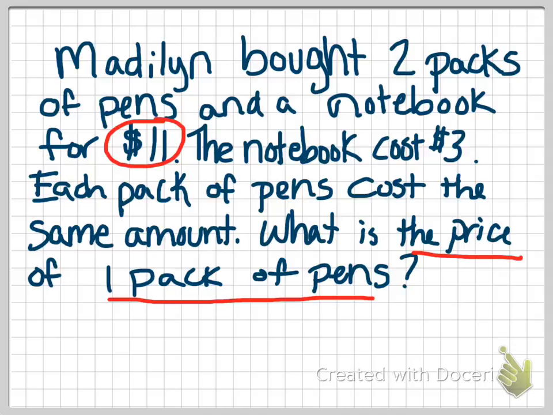I know that with that $11, she bought 2 packs of pens. And I know that she bought 1 notebook. I also know that the notebook cost $3. I'm going to use this information to act out the problem.